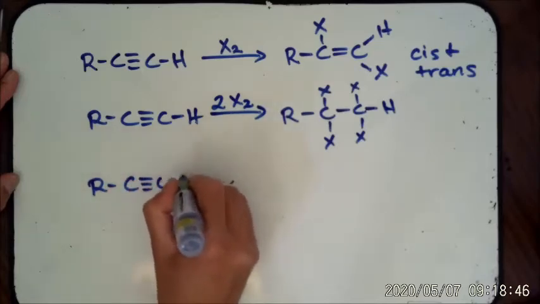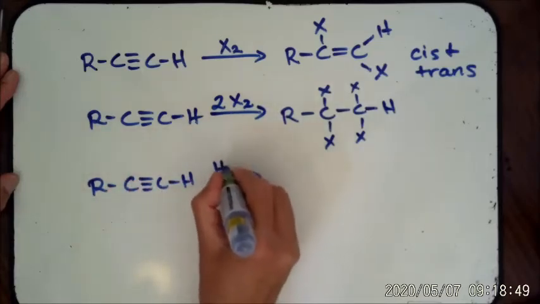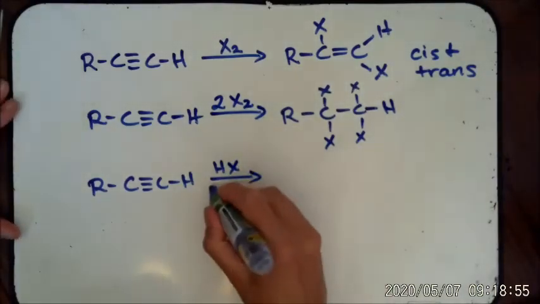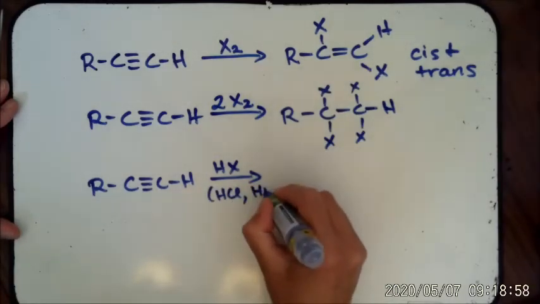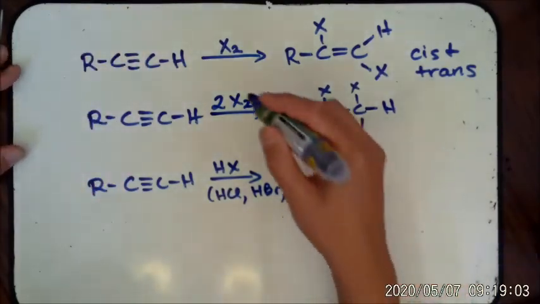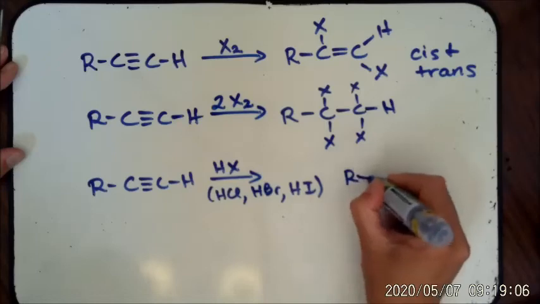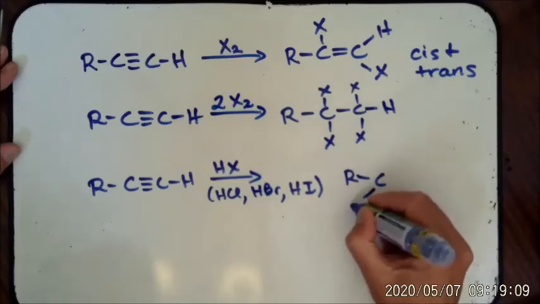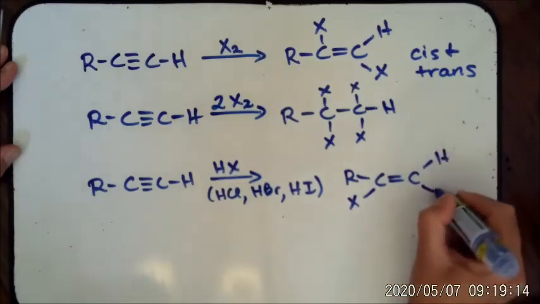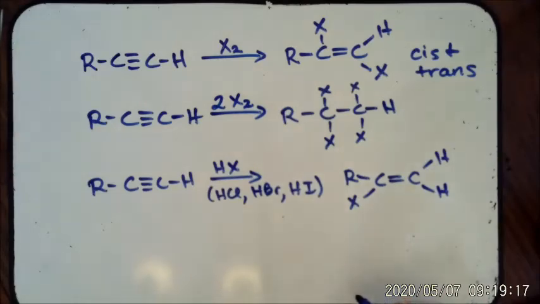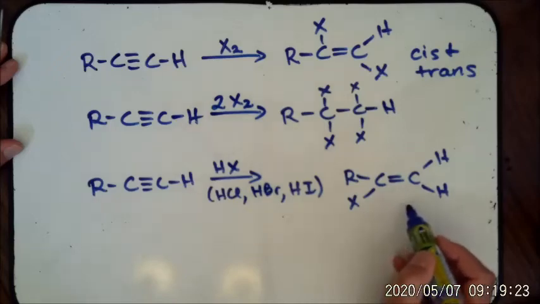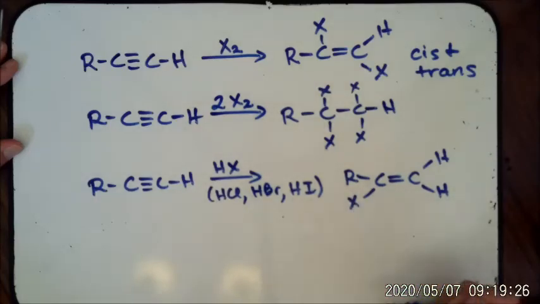If I add one equivalent of my hydrohalide, and in this case this could be HCl, HBr, or HI. These are only chlorine or bromine. Okay. Then you would basically get your alkene, okay, a vinyl halide, all right?